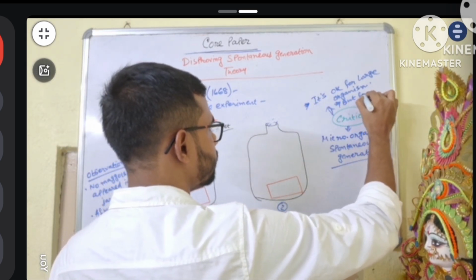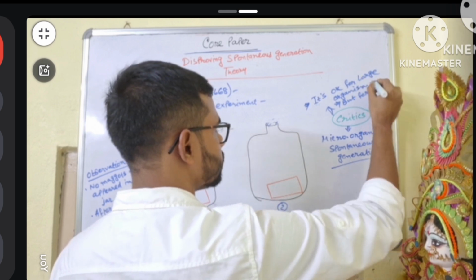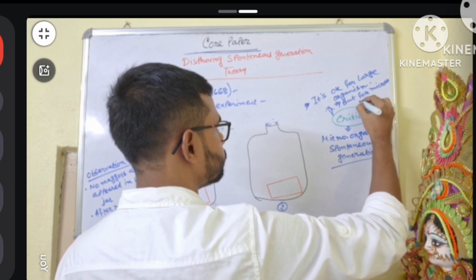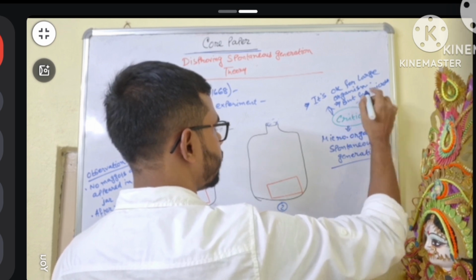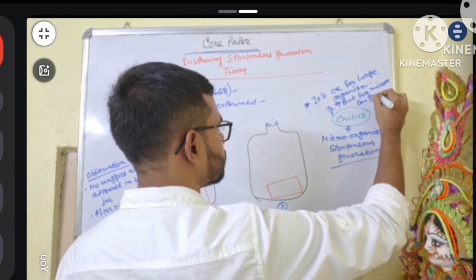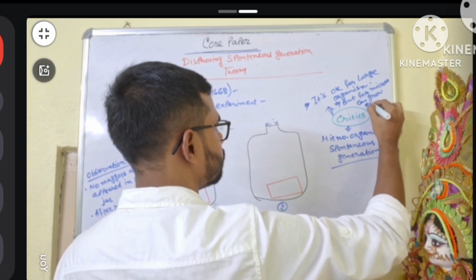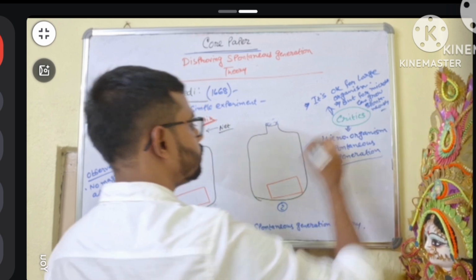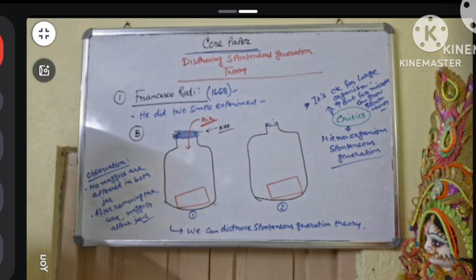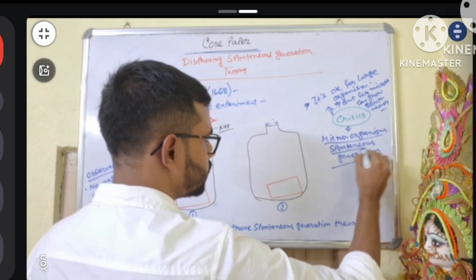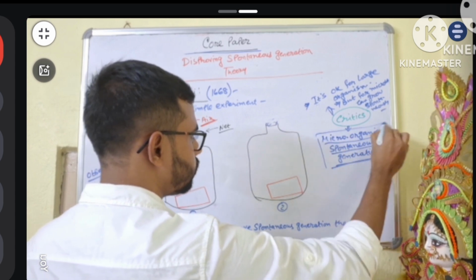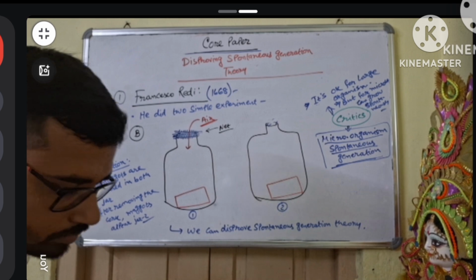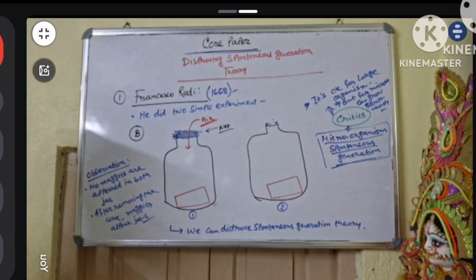But for microbes, they can easily grow spontaneously. That is the thing: the microorganism spontaneous generation theory. They questioned this after Redi's second experiment. This was not solved by Redi.